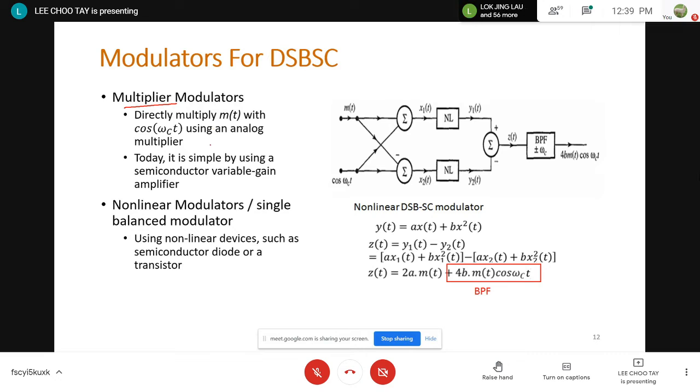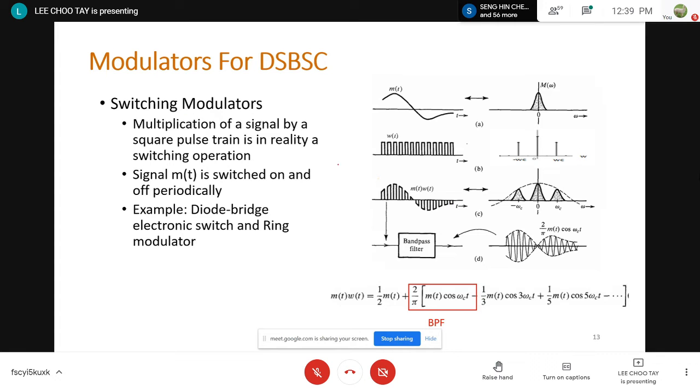But we can also make use of non-linear modulators, and with that you can also generate your double sideband suppressed carrier signal. I won't go into the details, so you can go through the maths if you like. Let's move on. You can also use switching modulators.